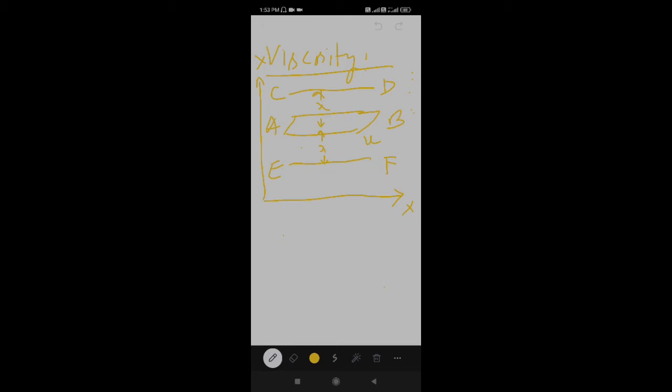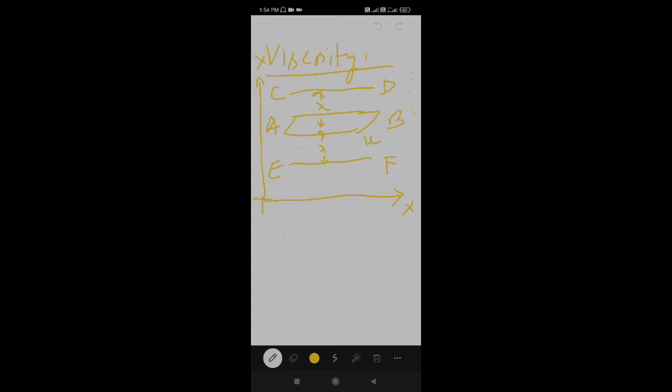Now let us assume that velocities are increasing or decreasing with y, that means in the vertical direction. We already discussed this point. Whenever you move from the origin upwards along the y direction, u values are increasing. Velocity values are increasing.